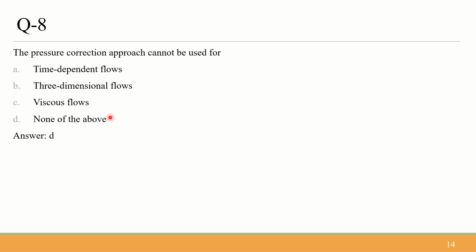We previously saw 4 approaches, and pressure correction is one such approach. This question asks about the limitations encountered while solving a problem using pressure correction, if there are any. The first one is time dependent flows. It is false because pressure correction approach can be used for time dependent flows as well.